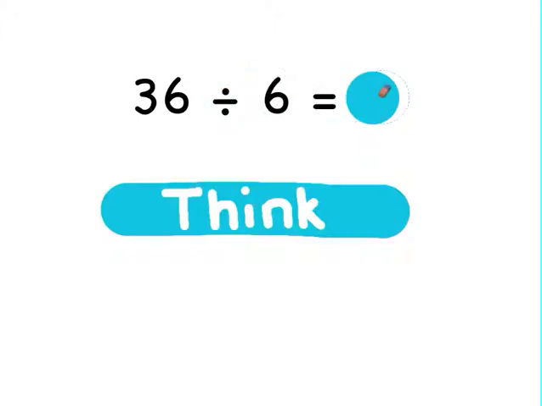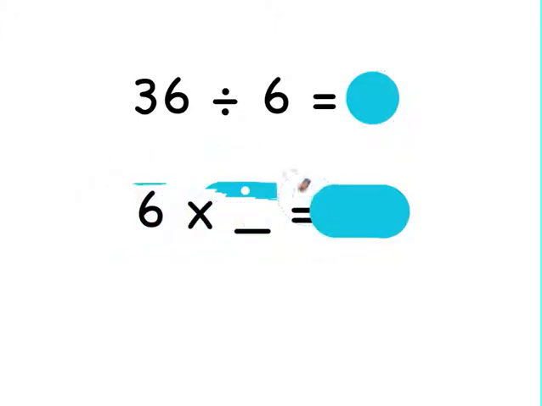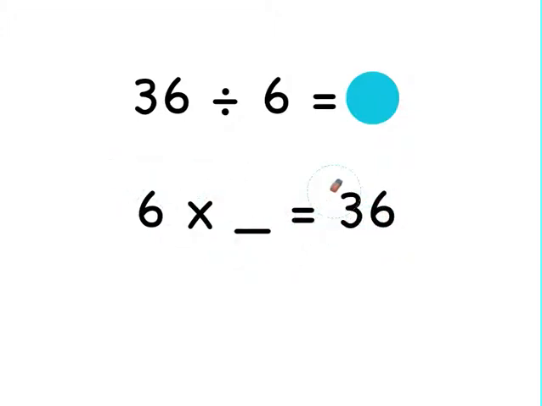If you don't know this, it's okay because you really do know it. You have to think about it in a different way. Let's think about it like this. 6 times what equals 36? 6 times 6 equals 36.